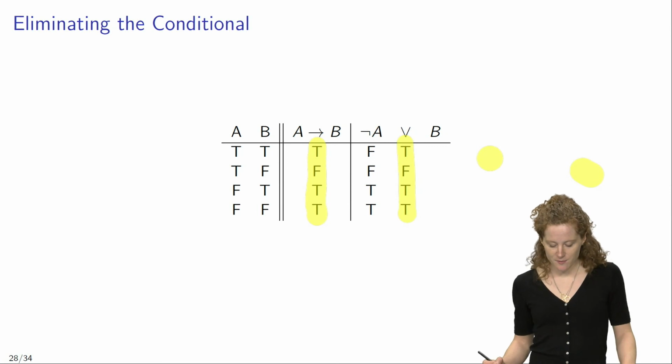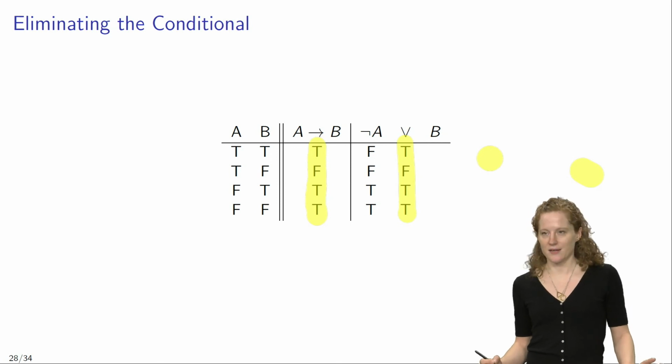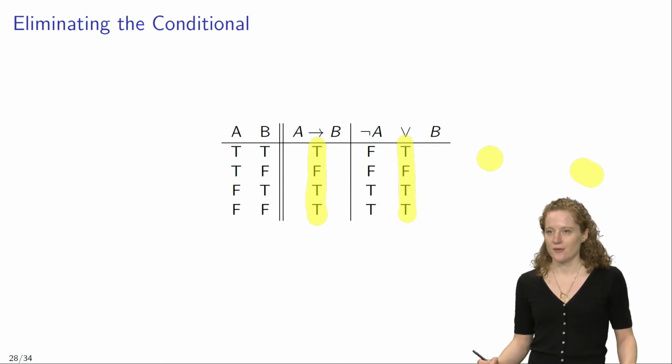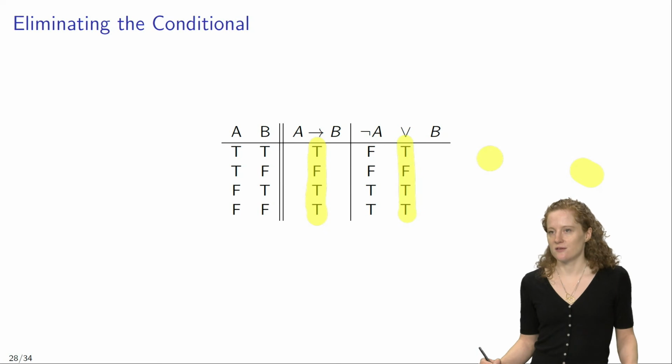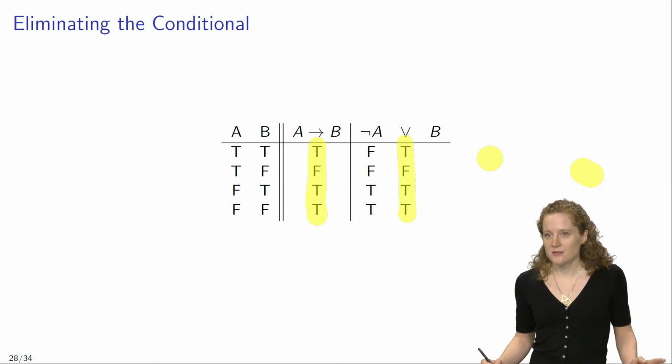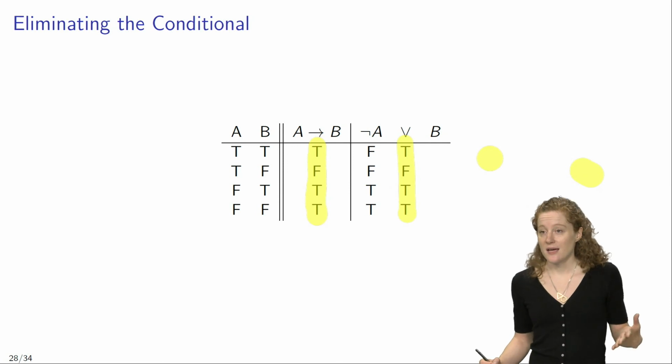So if A then B is false just in case A is true and B is false, and in all other cases this sentence is true. And the disjunction not A or B is also false in case A is true and B is false, and true in all other cases.